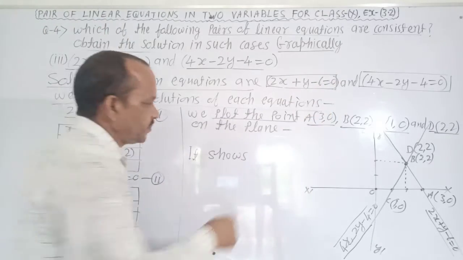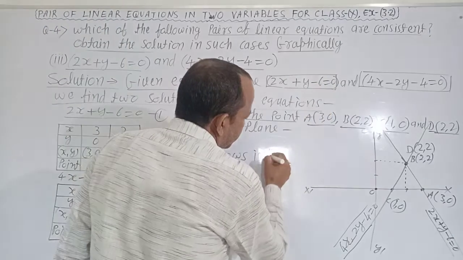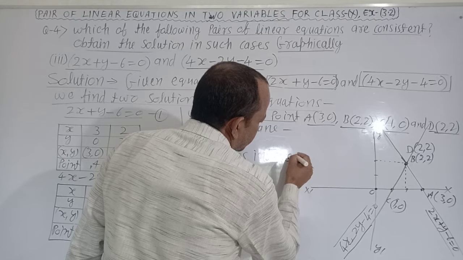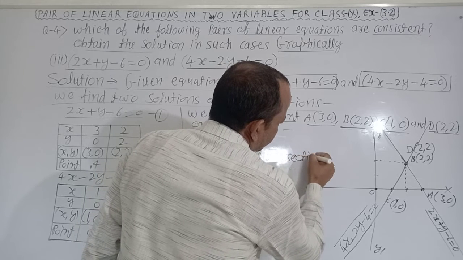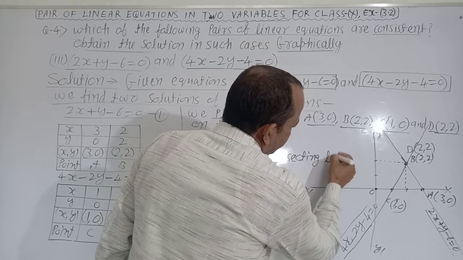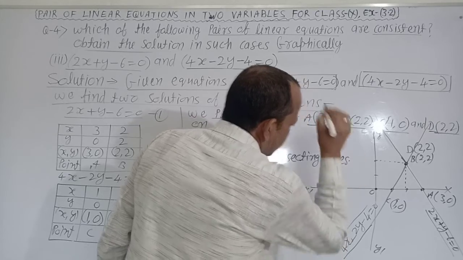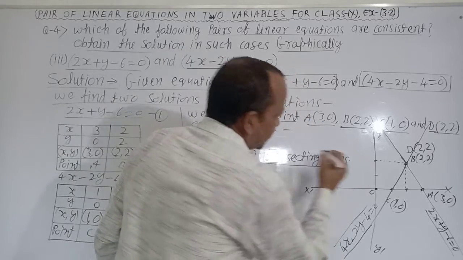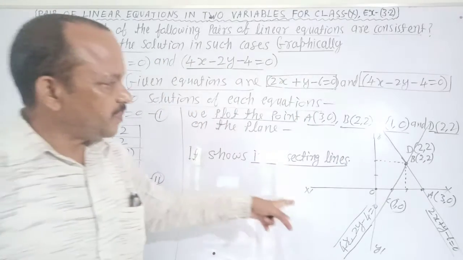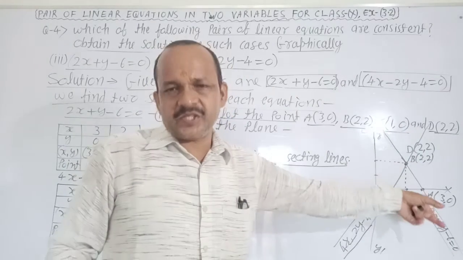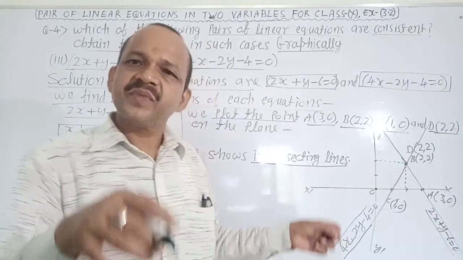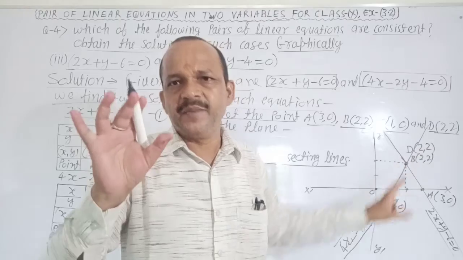It shows intersecting lines, because line AB and line CD intersect each other at point B and D, the same point.